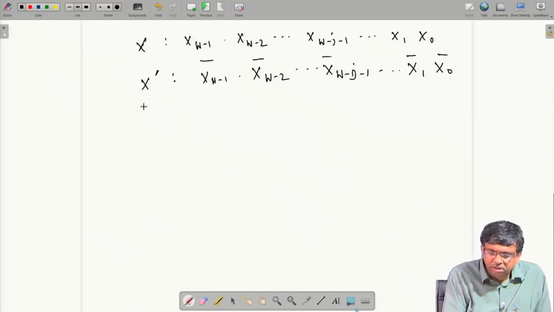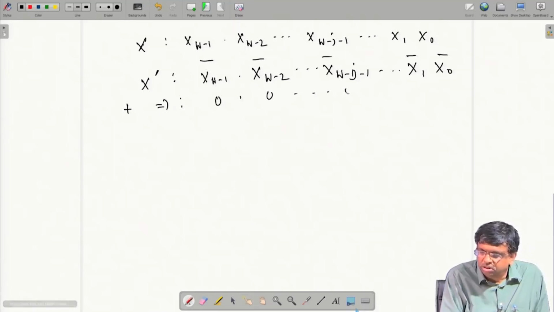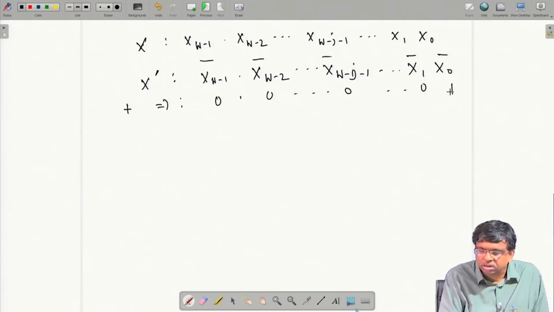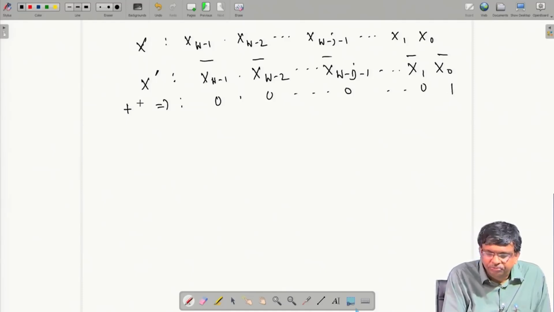And then I add this binary number 0.00000, just 1. That is actually decimally 2 to the power minus this.